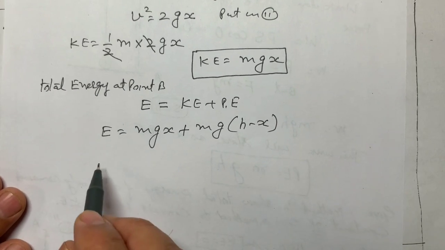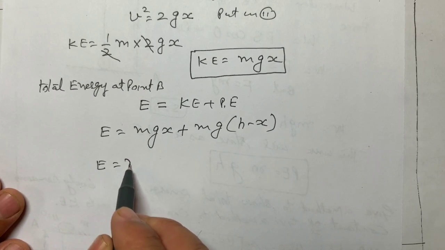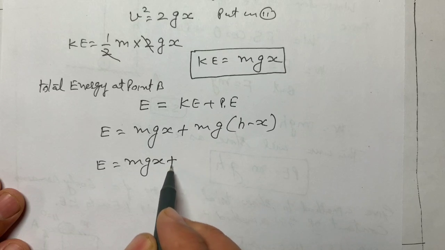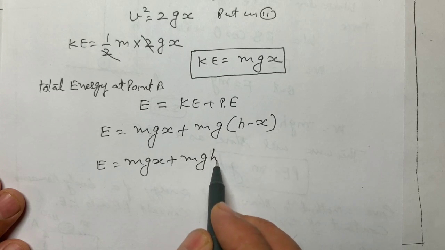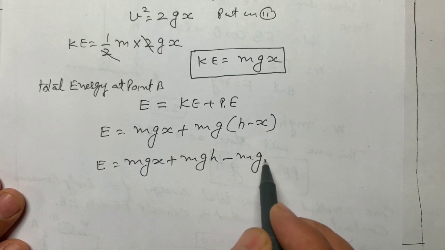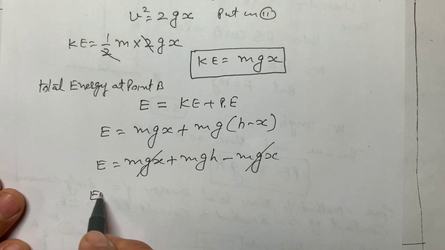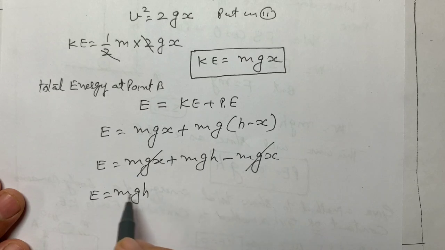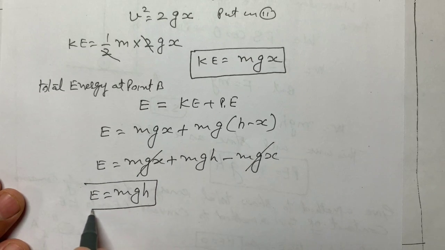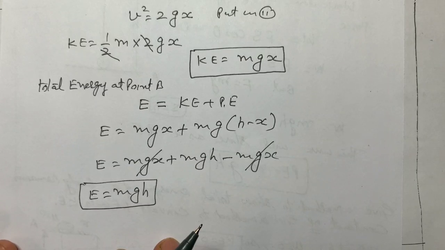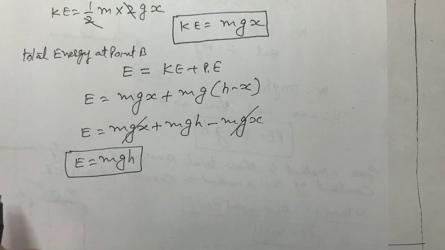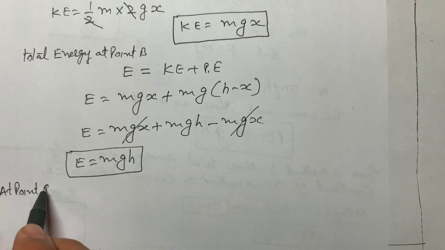Now remove the bracket. You get E is equal to mg into x plus mg into h minus mg into x. Now this factor cancels with this one. You get E is equal to mgh. Again we can say that the total energy of the freely falling body in the first case is mgh, in the second case this is also mgh. Now come to the third point, at point C.